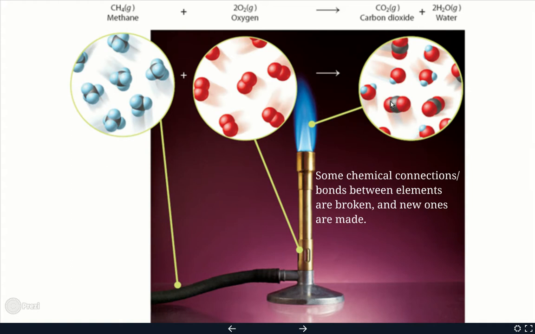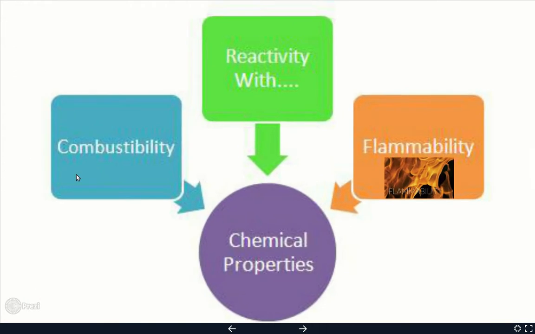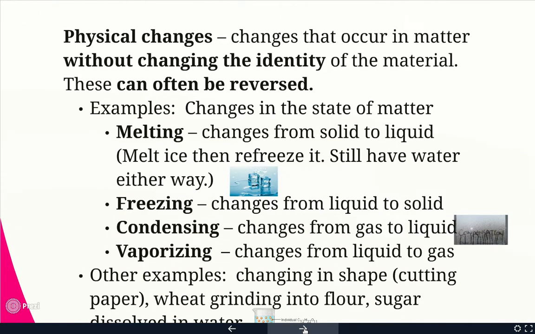So now we've got two completely different compounds than we did originally. That would be a chemical change, and a chemical property would be how easily it can change. So chemical properties are combustibility, how easily does it react, or flammability, how easily does it burn. Those are all chemical properties.